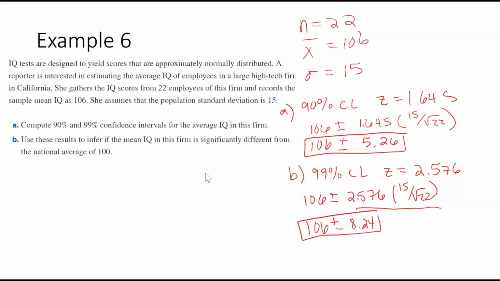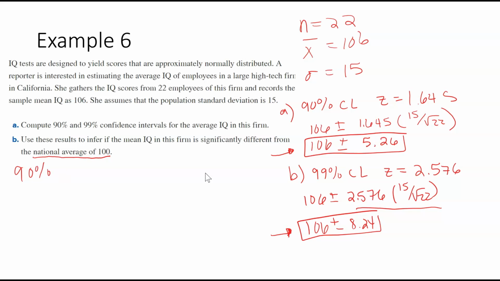Now use these results to infer if the mean IQ in this firm is significantly different from the national average of 100. Remember, these are giving our confidence intervals for that population mean. Let's take a look at the 90% confidence level.